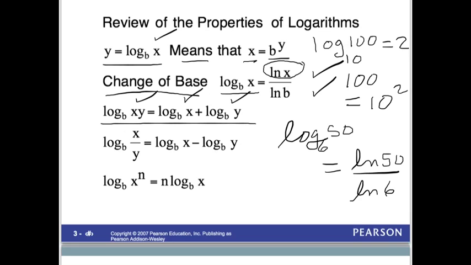The logarithm of a quotient, log to the base b of x divided by y, is going to be the log of x to the base b minus the log of y to the base b. And then finally, log of x to the n to the base b is going to be n log of x to the base b. Now we're going to use these properties in other places in this course, as you will see.